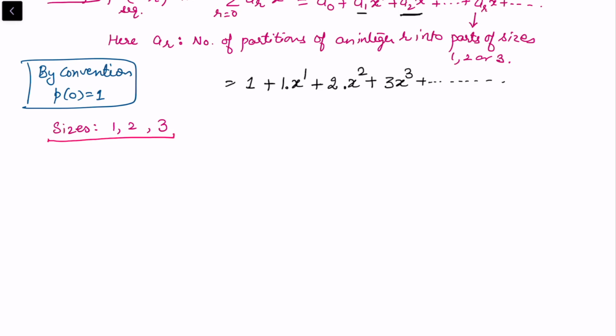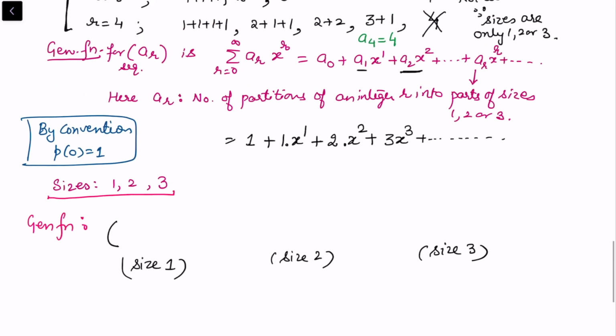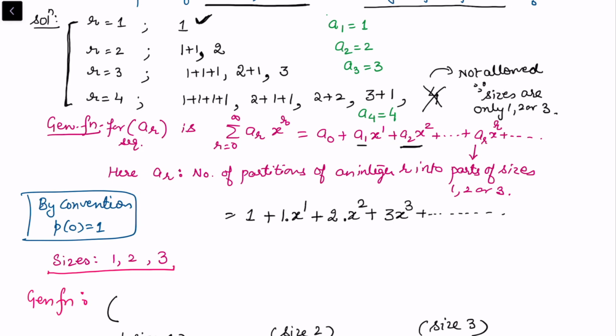Now correspondingly we write the generating function as, first we will write the factor corresponding to size 1, and then the one corresponding to size 2, and then the one corresponding to size 3. Now size 1 may appear or it may not appear. So for example, again we go back and look at the partitions for R equal to 4.